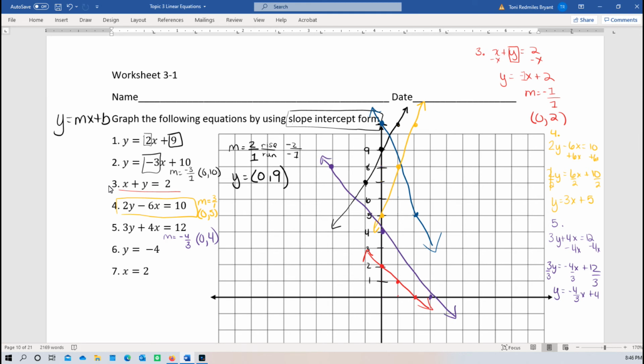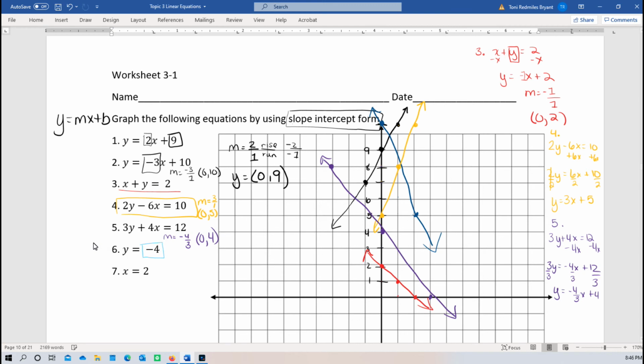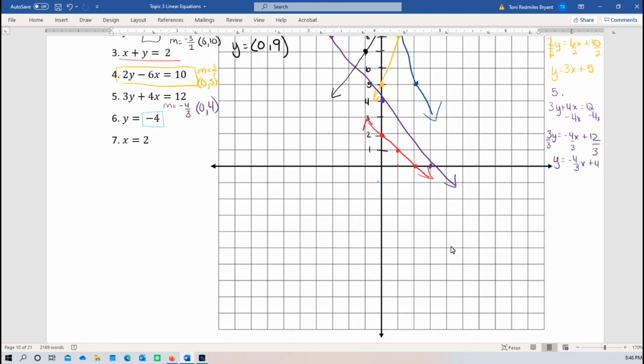All right, now the last two are special circumstances. In the first one, number 6, there are no x's. So this can only intercept through the y-axis. And all the values for y are negative 4. So I need to scroll down just a little bit, put some negative numbers in here. We haven't been able to use this negative side yet.